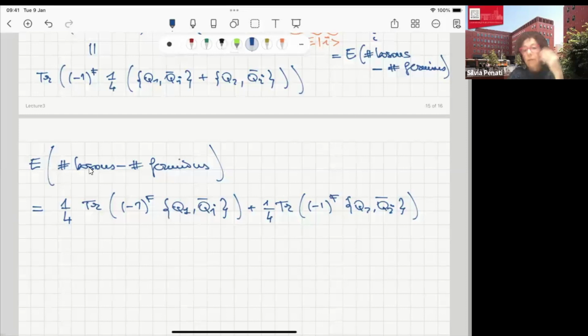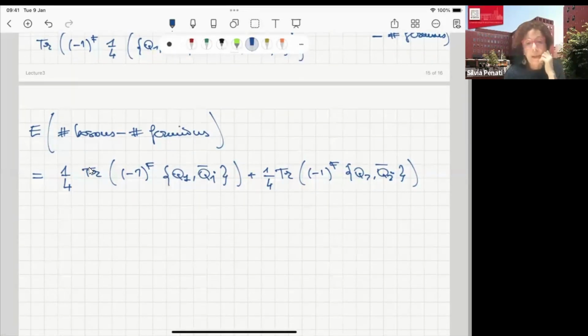Very good. We have more or less done, because now you have to take into account, first of all, you write the two anti-commutators explicitly as QQ̄ plus Q̄Q. Then you use the cyclicity of the trace to move around Q and Q̄. And at the end, you will also use the observation that we made above, the fact that Q and Q̄ anti-commute with (-1)^F.